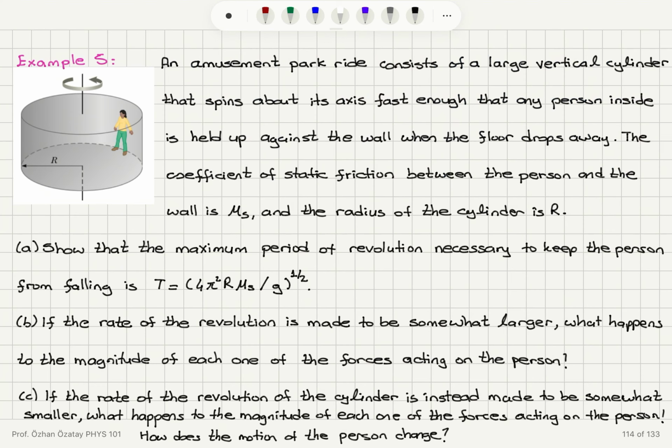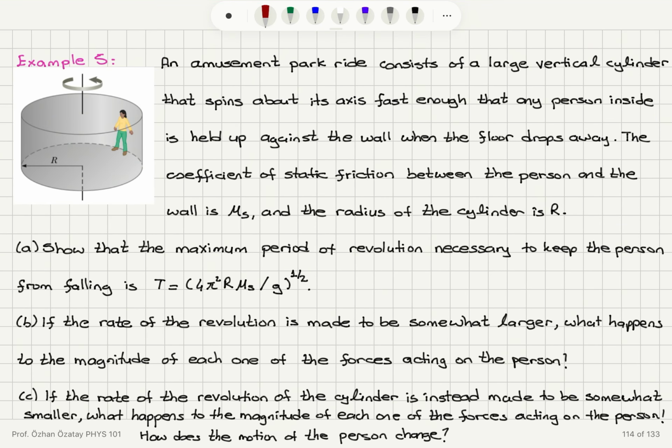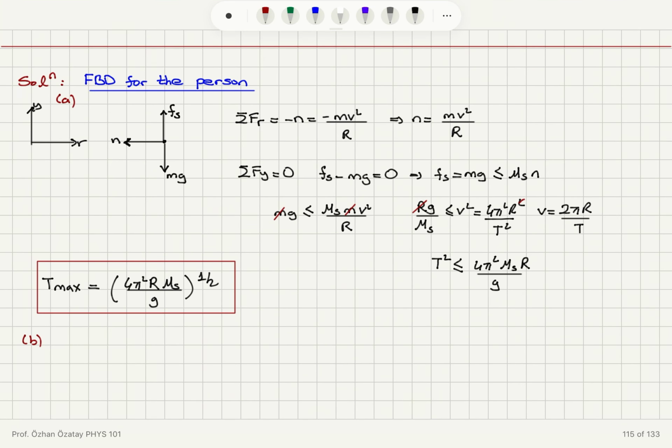Now part A of the problem was basically showing that this is the maximum period of revolution necessary to keep the person from falling. So that has been achieved. Now I try to understand what happens if I change the speed. If the rate of revolution is made somewhat larger, that means, since I have a maximum period, I have a minimum speed.